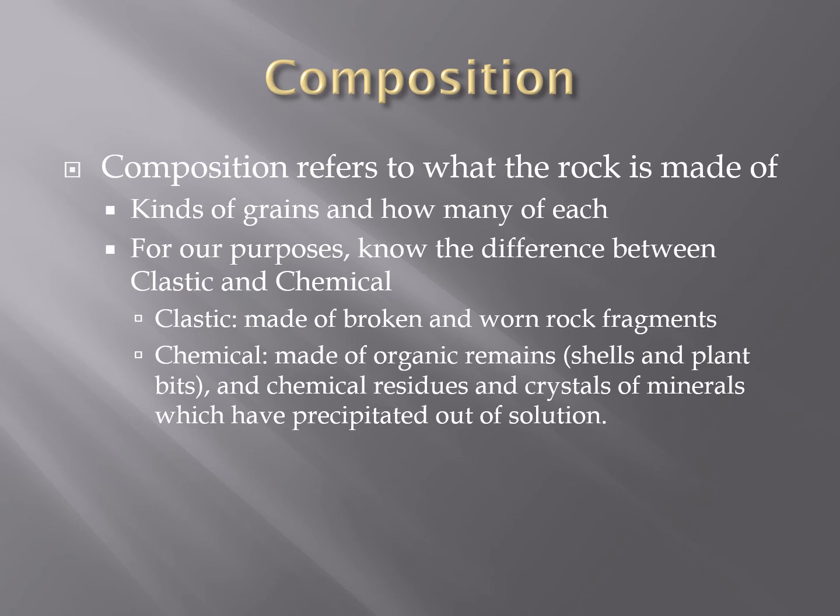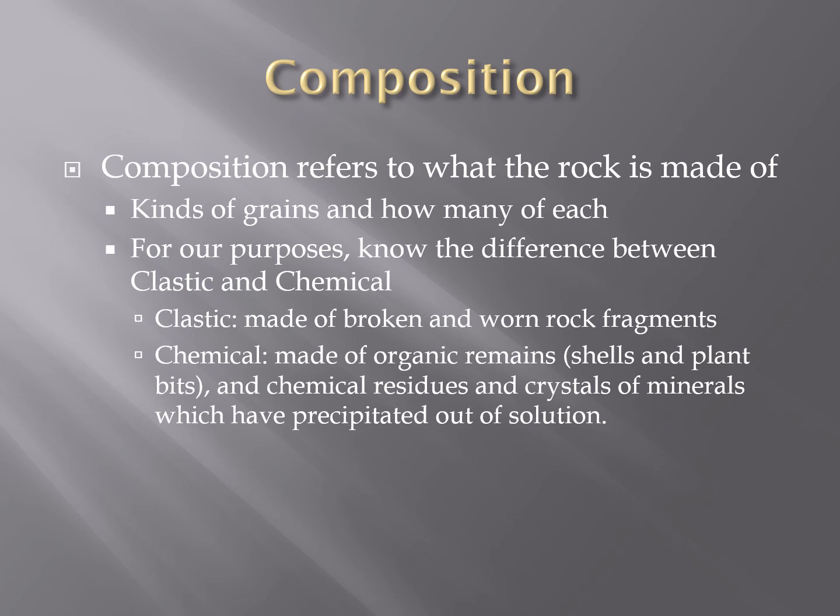And this gives us an indication in terms of figuring out whether we're looking at something that is clastic versus something that's chemical. So in a clastic sedimentary rock, we are looking at a rock that is made out of essentially other rock material. So a type of potentially igneous, metamorphic, or even another sedimentary rock that has been worn down, broken, and is now an individual grain within this current sedimentary rock, versus looking at something that is chemical.